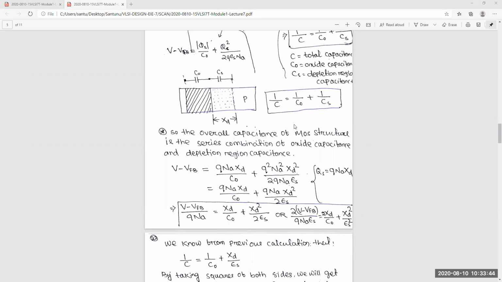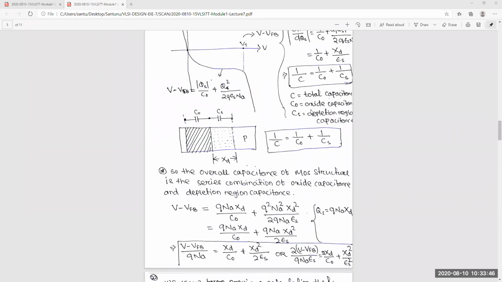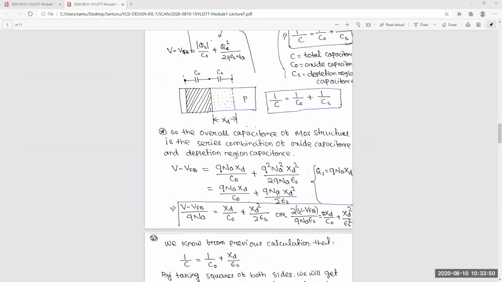Now I will do some calculation on this to understand it in a better way. You can see V minus VFB is equal to this Qs, and Qs is nothing but q Na Xd, the number of charges into q into Xd, the depletion region.